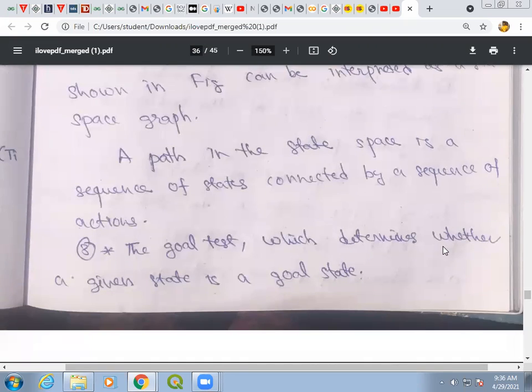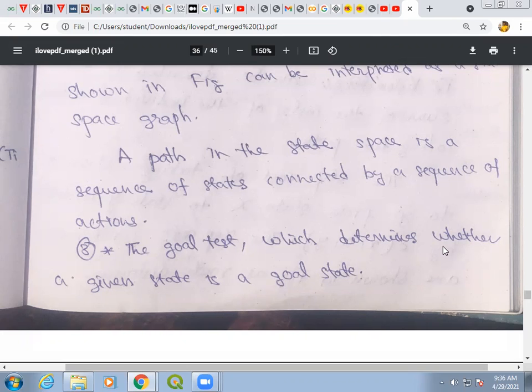Okay, then the third component we discussed while defining the problem is the goal test. What is the goal test? The goal test tells whether the given state is a goal state or not. So by taking any one of the successor functions, it will reach a particular state.